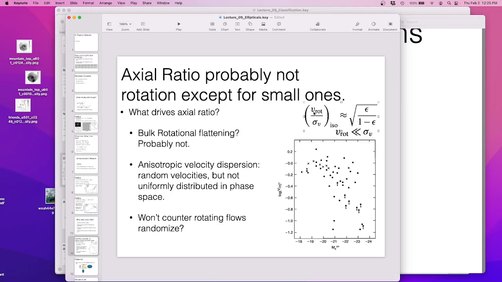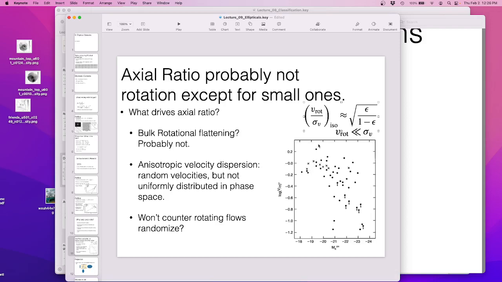If rotation is what's giving you the eccentricity, then you have this relationship, v rho over sigma is roughly equal to this fraction. But what we find is that for v rho over sigma small, these are all small galaxies.